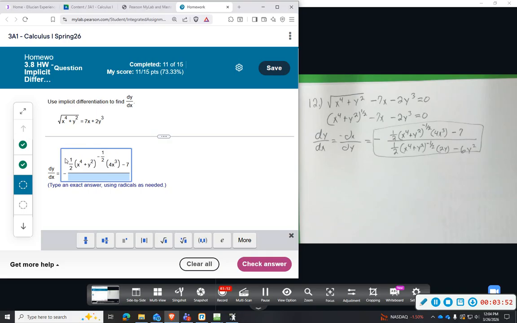And on the bottom, 1 divided by 2, x raised to the 4th plus y squared, all raised to the negative 1/2 power, times 2y minus 6y squared.